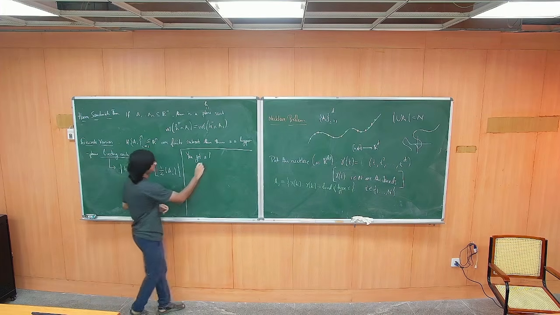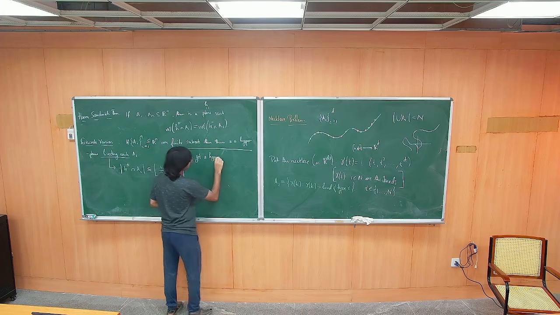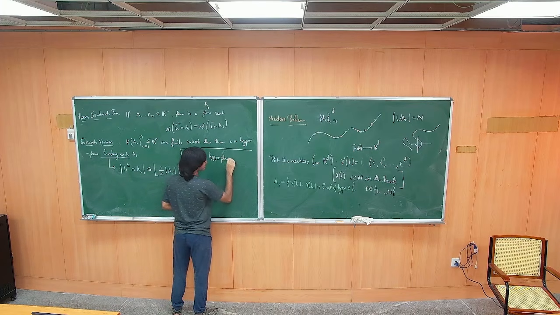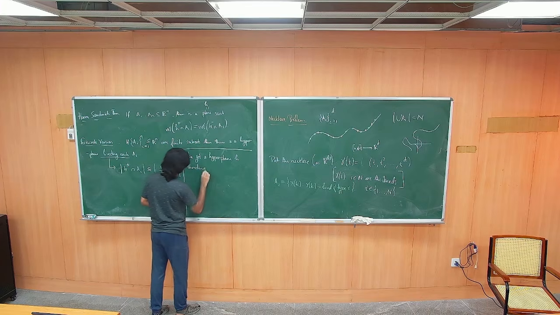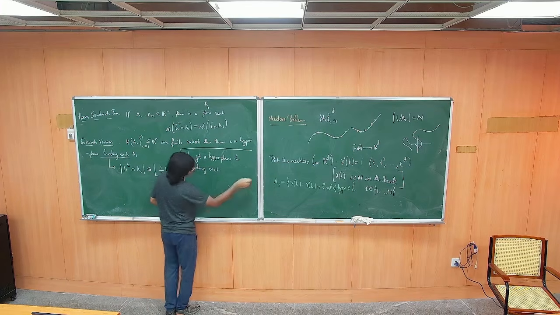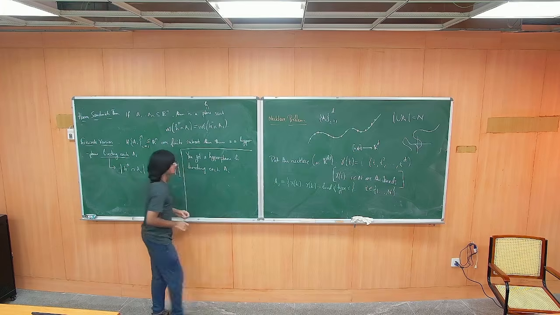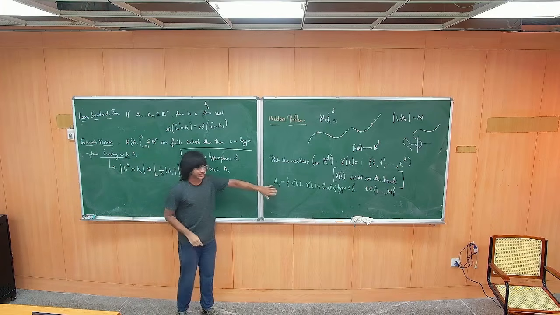So you get a hyperplane H dividing each A_i, and the cardinalities of A_i are even, that is given to you.